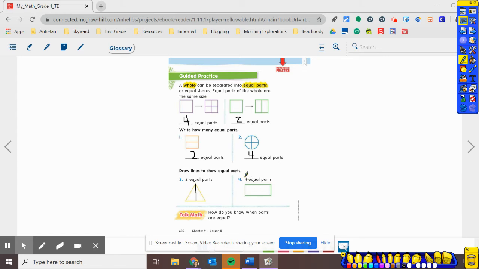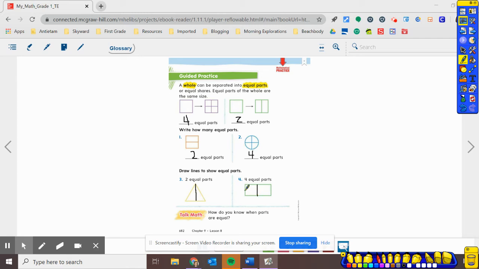All right, now this time for our rectangle, we're going to draw it into four equal parts. So a good rule of thumb, or something to remember, when we divide something into four equal parts is most of the time, not for triangles, but for most other shapes, we can draw a line straight down the middle from top to bottom.